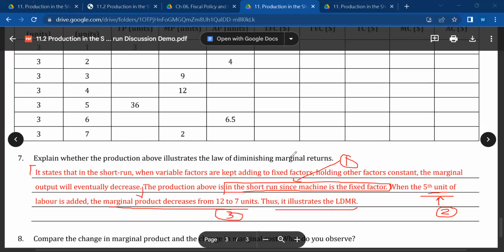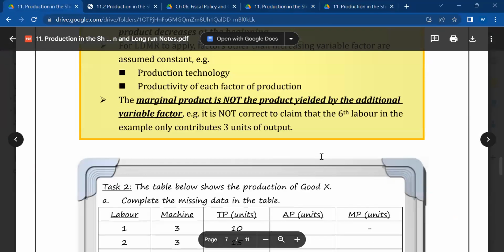Understood? 10 more seconds. Okay, so let's move back to our notes.